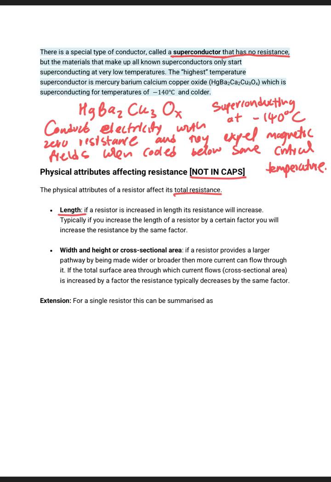What does that mean? It means that resistance is directly proportional to length. When length increases, resistance also increases. Typically, if you increase the length of a resistor by a certain factor, you'll increase the resistance by the same factor. So this is the relationship we have.